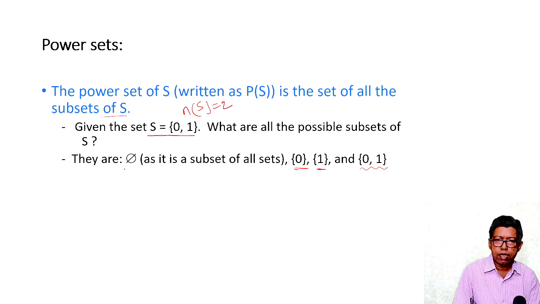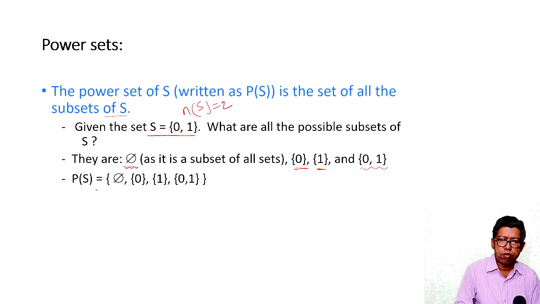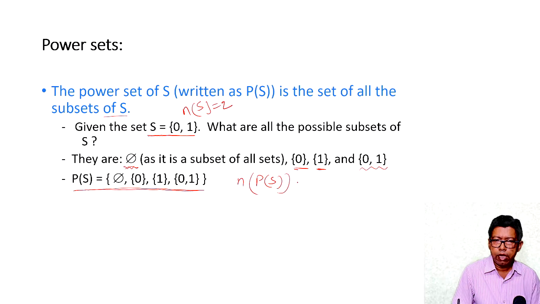So how many subsets are created? Phi, {0}, {1}, and {0, 1}. So what will be the power set of S? The power set of S will be {phi, {0}, {1}, {0, 1}}. So this is the power set. And what is the cardinal number of this power set? You just follow, there are 4 elements, so the cardinal number of the power set is 4.